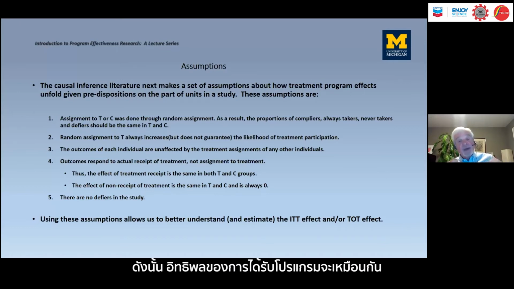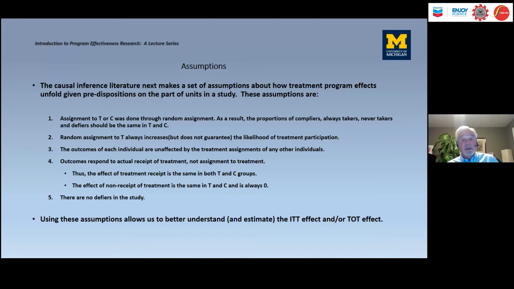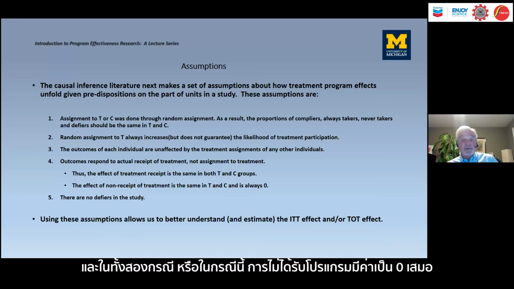So the effect of treatment receipt is the same, whether you're in the treatment or the control group. And the effect of non-receipt of treatment is the same, whether you're in treatment or control. And in this case, non-receipt of treatment always has a zero effect.